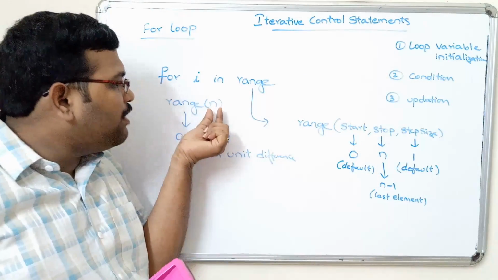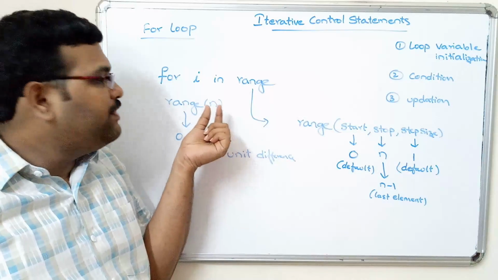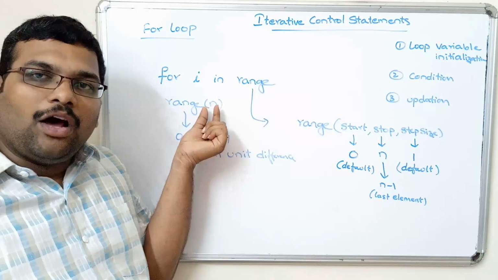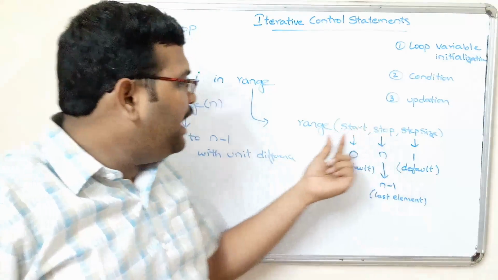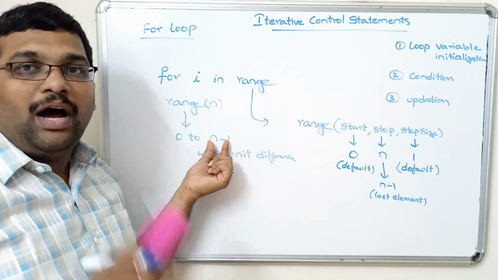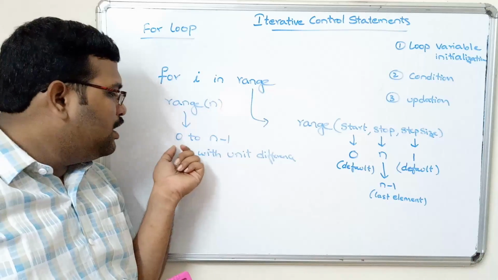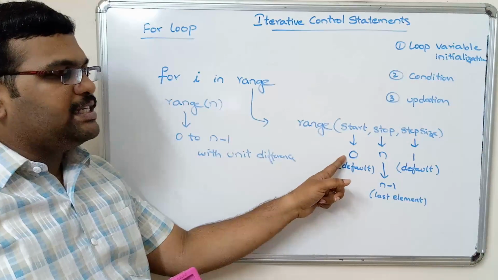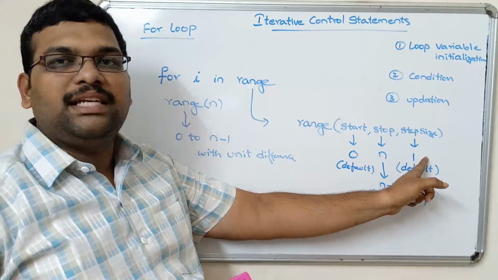So whatever we are mentioning is the last value. If there is only one argument, that argument is automatically the stop element, the end element. If the end element is n, the last element will be n minus 1. So I will be iterated from 0. Here there is no start, so automatically by default it will take 0, and here no step size, so automatically it will take 1 as the difference.